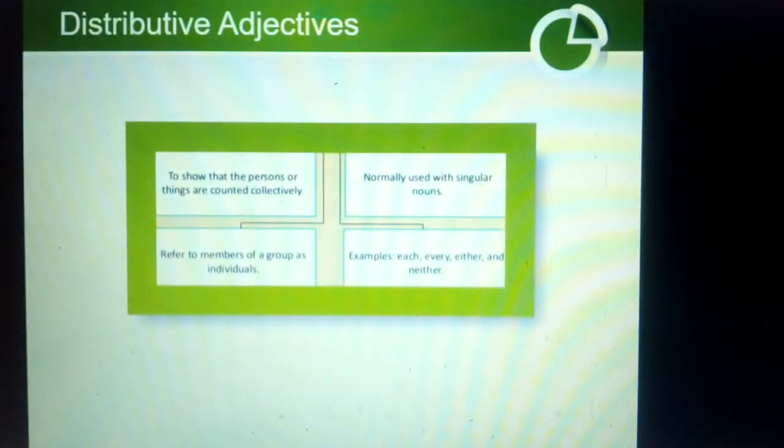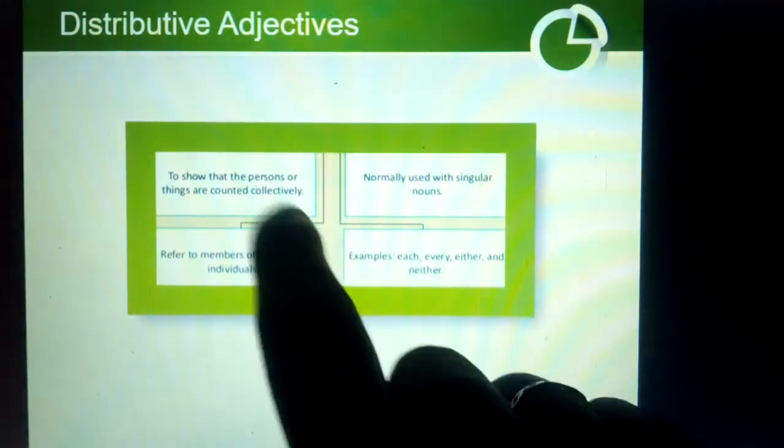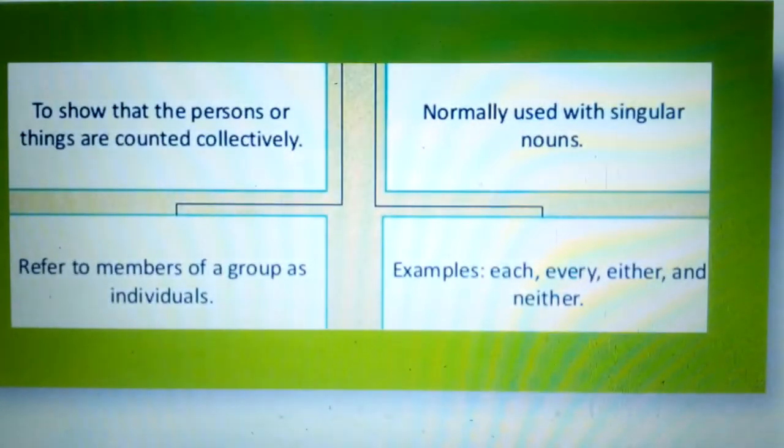The other type is distributive adjectives. They are used to show that the persons or things are counted collectively. They are normally used with singular nouns, as well as they refer to members of a group as individuals.